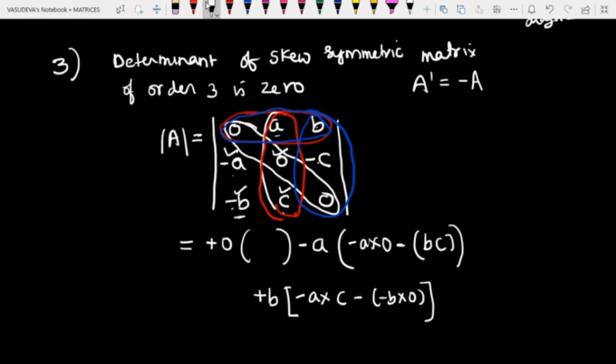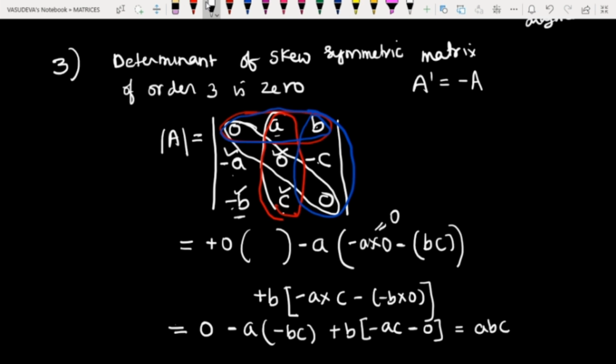Now simplifying this, 0 minus A into, this is 0 minus BC, next plus B into minus AC minus 0. So we have minus A into minus BC is plus ABC, and B into minus AC is minus ABC. We are getting 0. So from this we conclude that the determinant of the skew symmetric matrix of order 3 is 0.